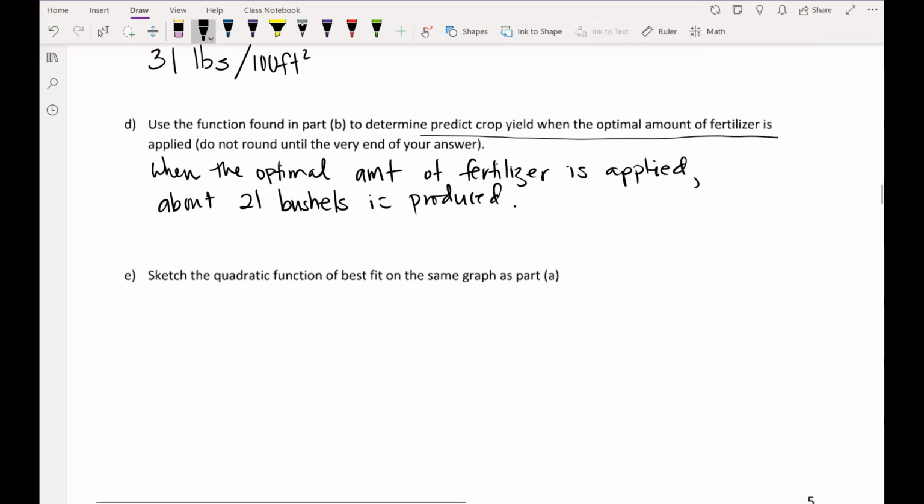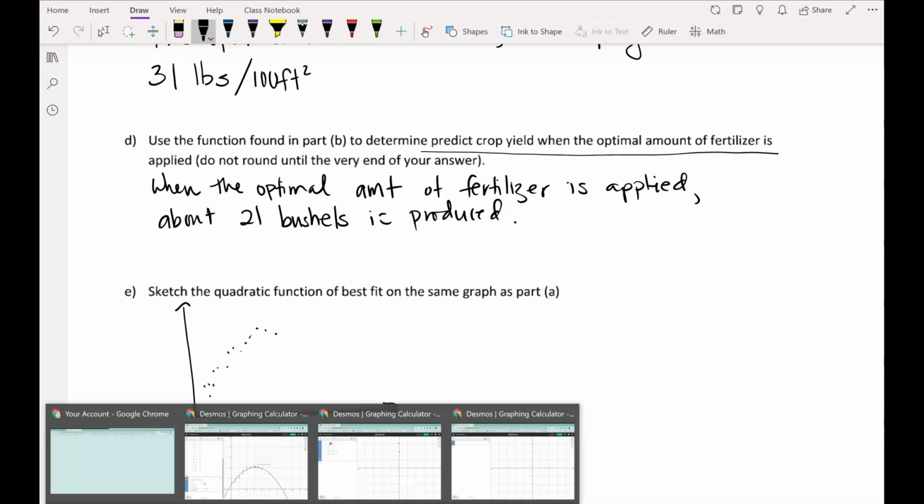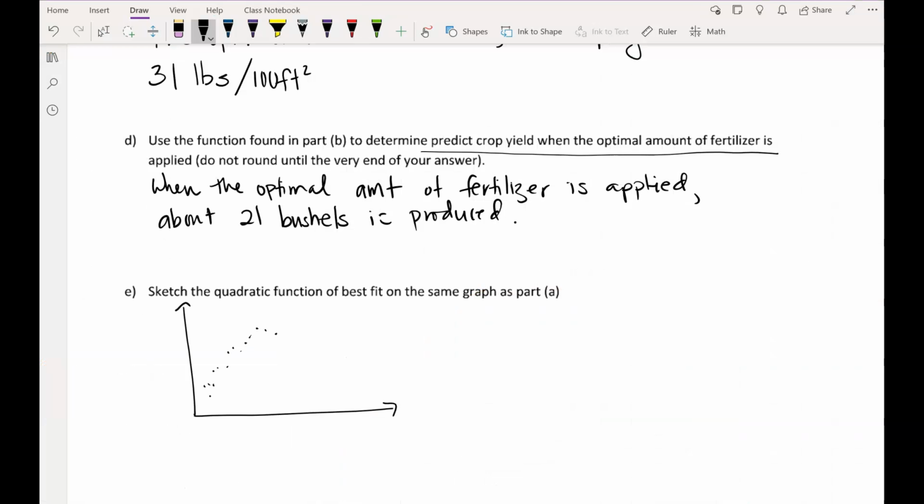And part E said sketch the quadratic function to best fit on the same graph as A. Since you can ignore part A because I didn't want you to do a bunch of dots, okay? So for this one, all I want you to do when it says sketch is just look at your decimals or calculator and do a little sketch. Looks like you're starting at 0 and about 4-ish, 3.8. That's what I want you to do. So 1, 2, 3, 4, so 3.8.